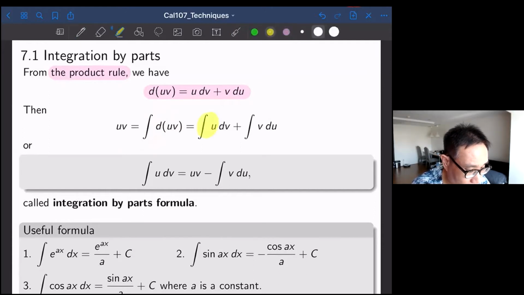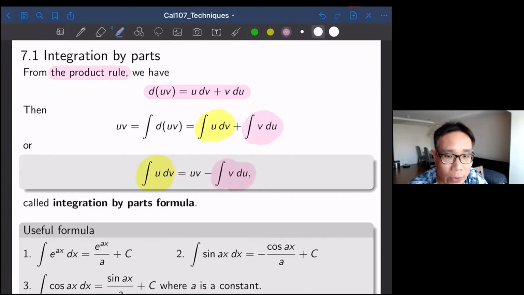And you see that this is integral of u dv and integral of v du. So the integral of u dv turns out to be uv minus the integral of v du. So this is the way to write it down. However, you may ask why do we need something like this?